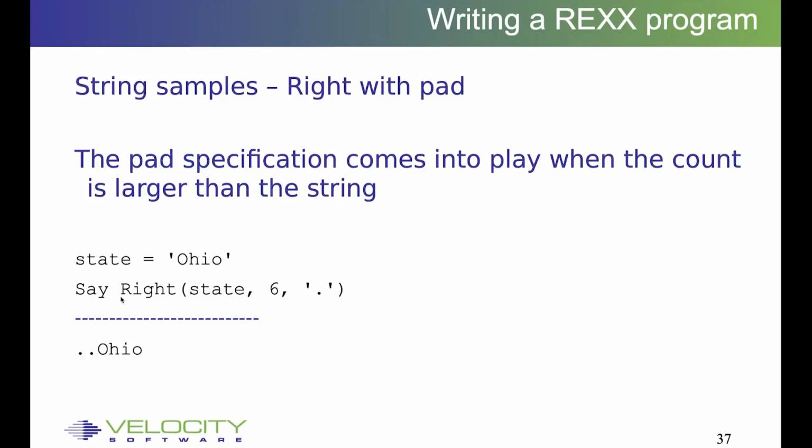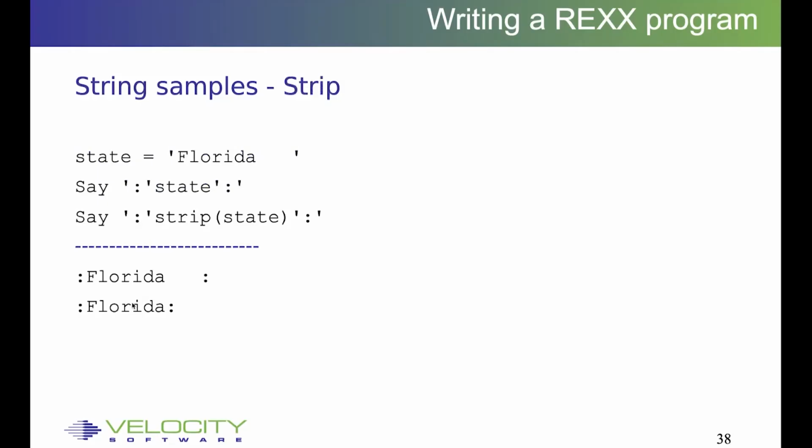The same works for the left function. It would work very similarly, except that the value would be left justified. The strip function allows you to eliminate characters from the beginning or the end of a string. In this case, we have a string of Florida with spaces on the end of it assigned to a variable called state.